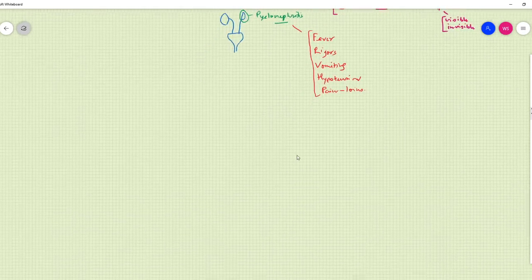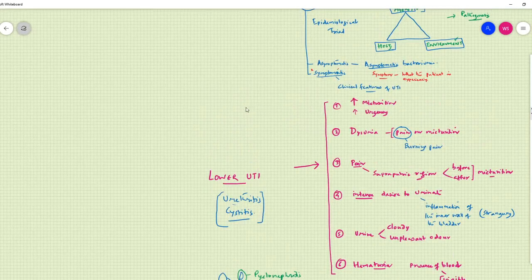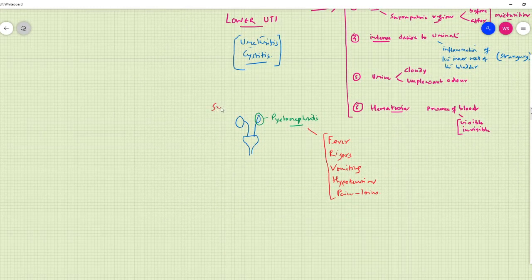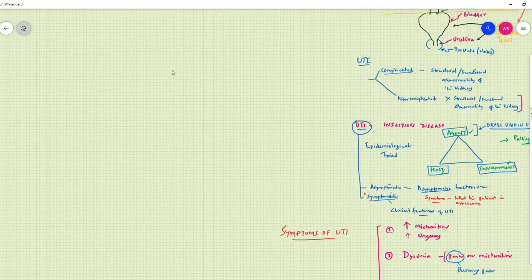So those are the clinical features, the symptoms of UTI, and here we have the symptoms of pyelonephritis.